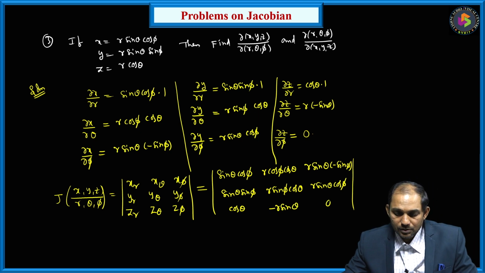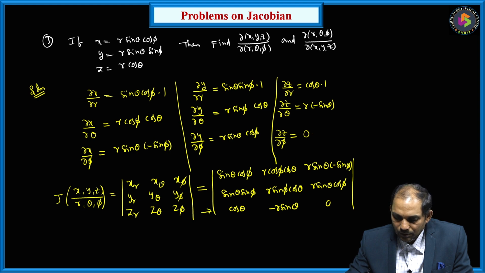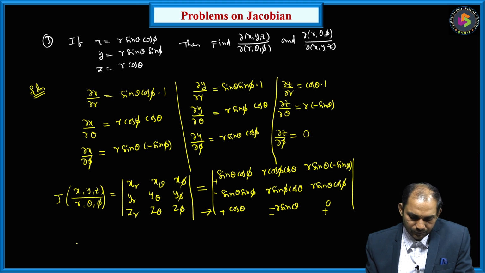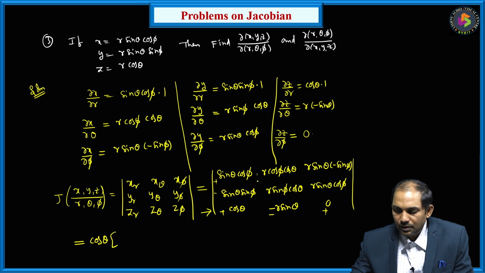We can compute the Jacobian with respect to any row or column. For simplicity, let me take the third row, and the signs are plus, minus, plus. So, we have to compute the determinant. It is equal to cos theta multiplied with the determinant of the remaining submatrix, neglecting the corresponding column and row: r cos theta cos phi and r sin theta cos phi.